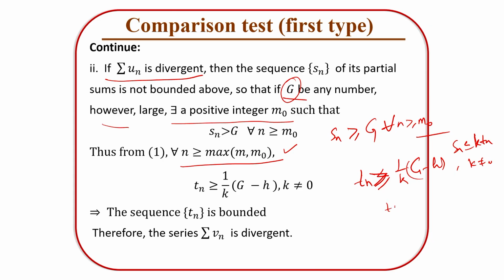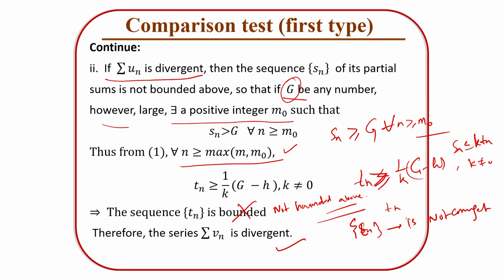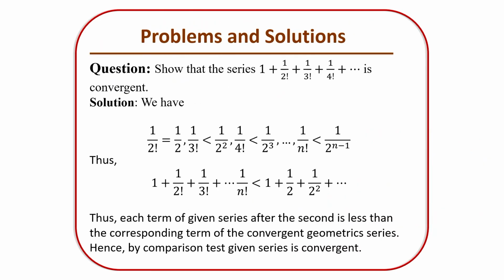So this means Tn is not bounded above, right? Hence the sequence Tn is not convergent, and that means sigma Vn is a divergent series.